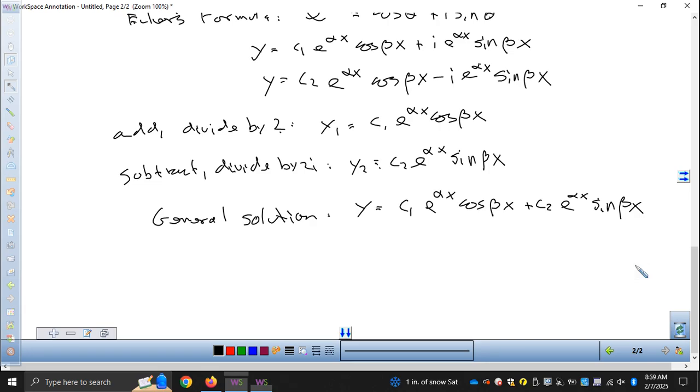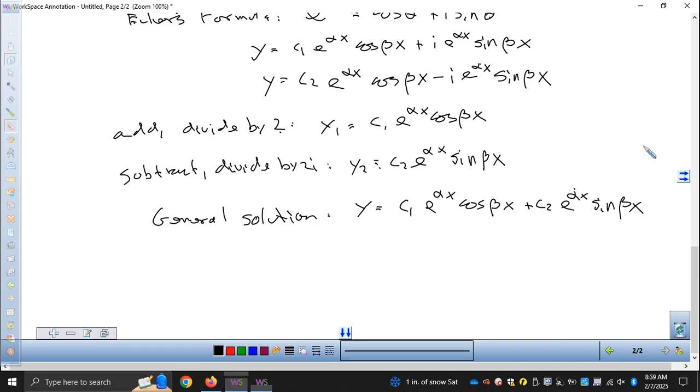So a couple of big things here. Solving these higher order differential equations with constant coefficients comes down to factoring polynomials. And we have this relationship between our exponential function, our imaginary unit, and trig functions that give us exponential functions and trig functions as solutions to these differential equations.